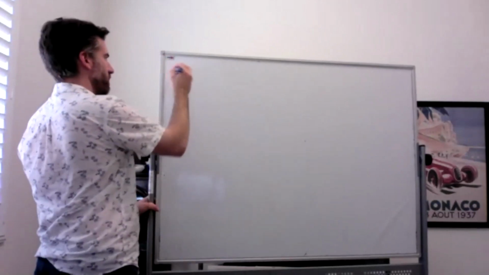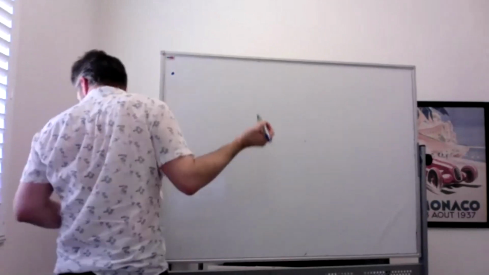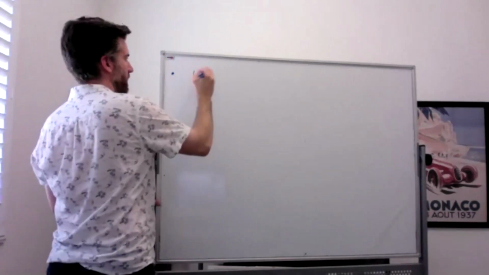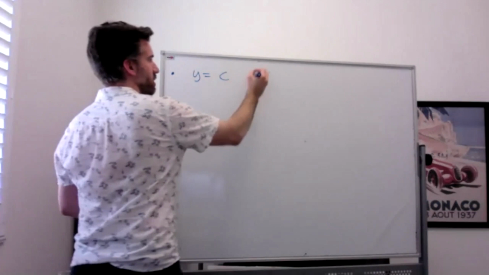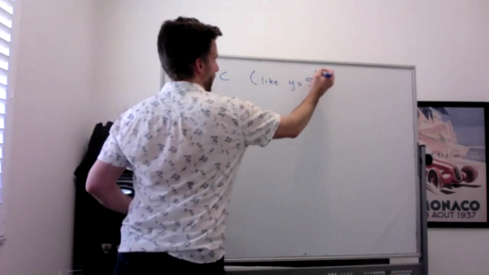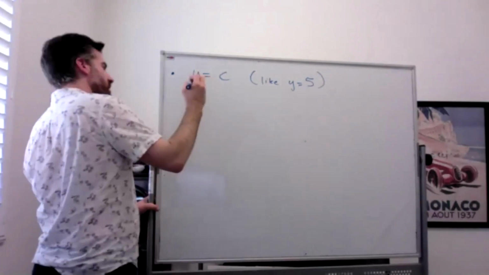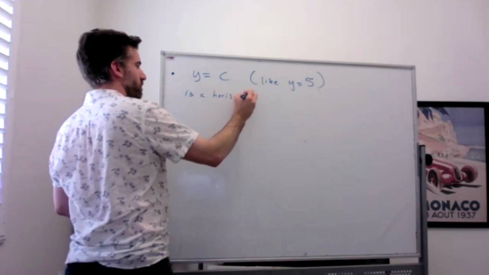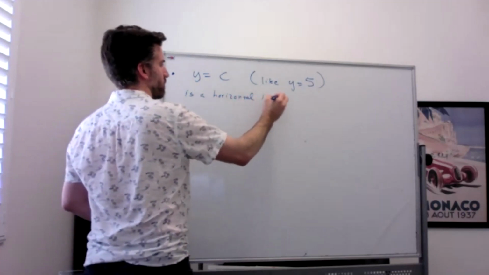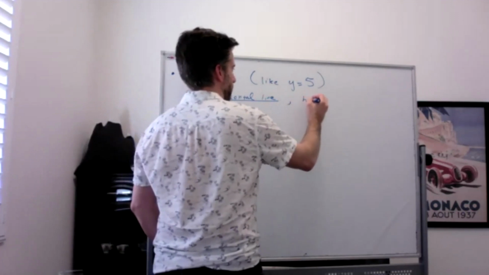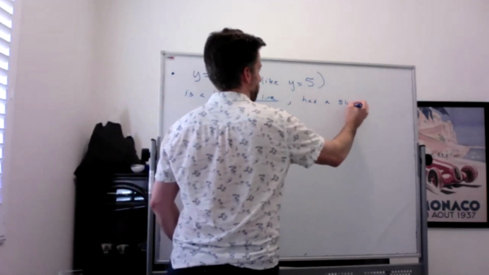Last couple things about slopes of lines. So y equal to c, where c is a constant, so like y equals 5, is a horizontal line. And has a slope of 0.